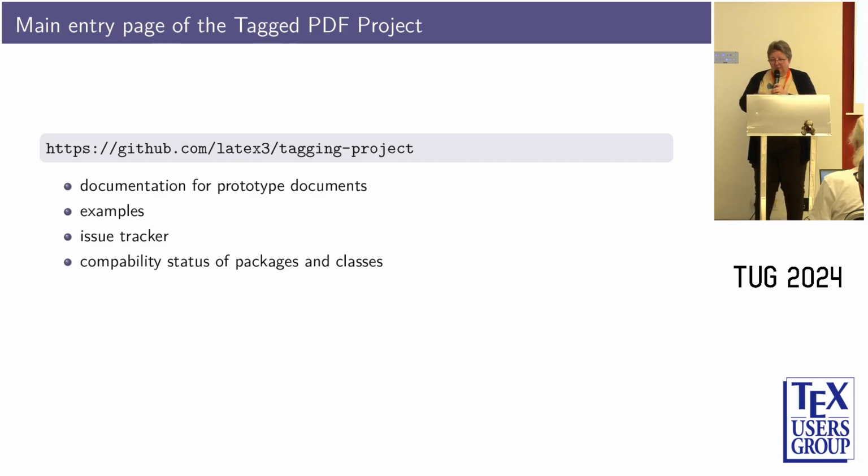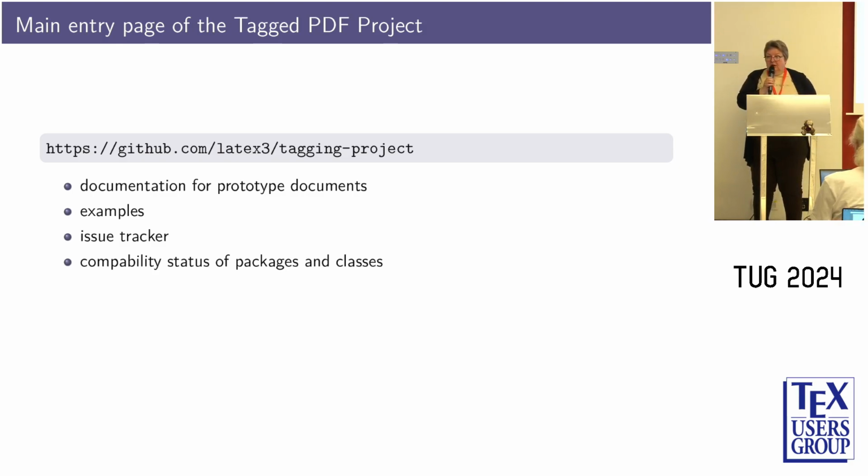So, if you are interested in the project, we now have a main entry page in some sense. That's a GitHub page in the LaTeX3 repository called Tagging Project. There you find, for example, documentation about a prototype document, so how you start with tagging. There are examples, well-tagged PDF examples, that I will show a bit later.